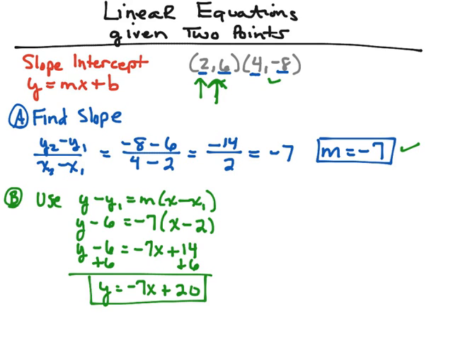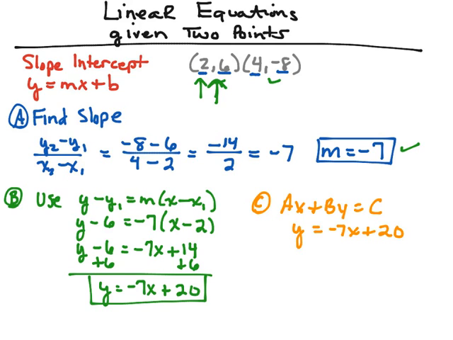So I now have my equation in the slope-intercept form, which is y equals negative 7x plus 20. So this is how we find the slope-intercept form if we're given 2 points, 2 ordered pairs. Now keep in mind I still have to convert this y equals negative 7x plus 20 into our standard form. So that's what I'll do next.